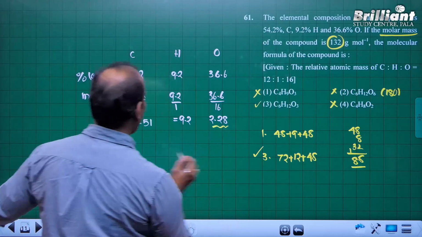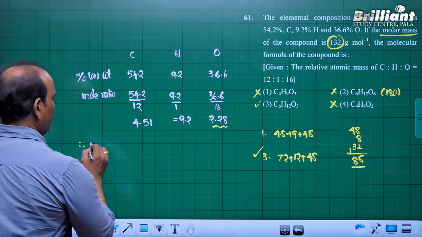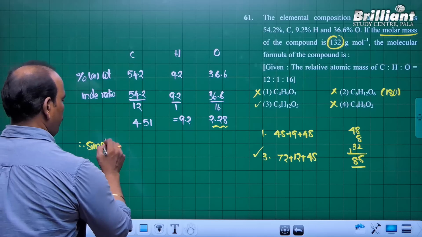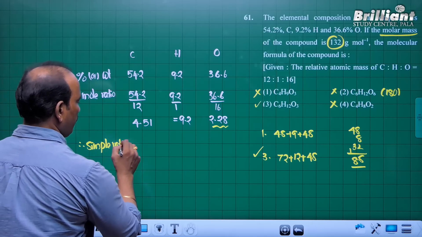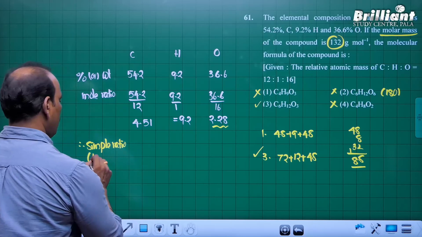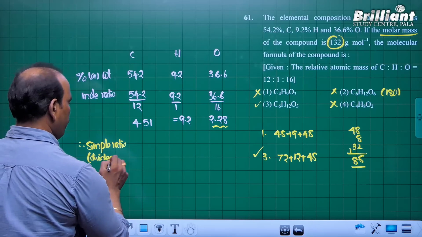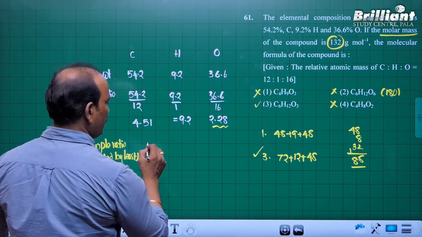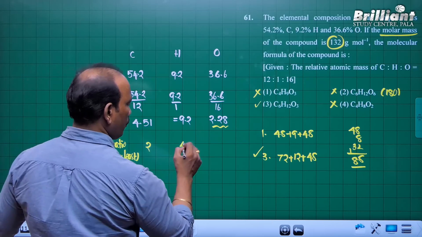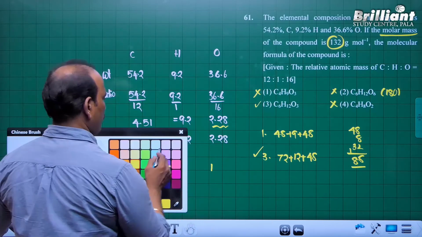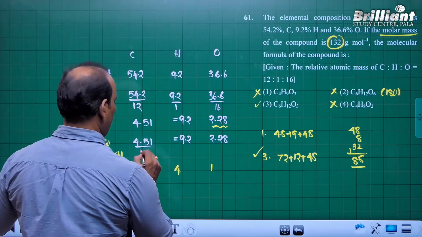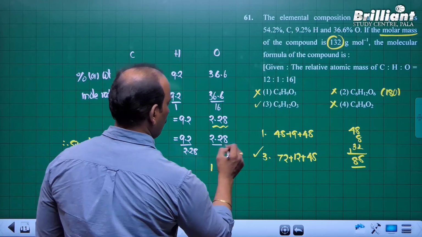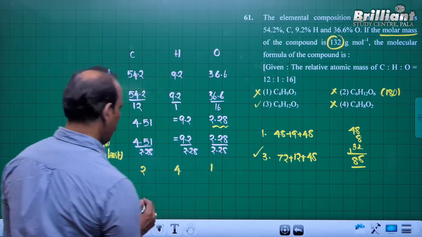Divide by the least value to get the simple ratio. So this is 2, this is 4, this is 1, divided by 2.28 in each case.